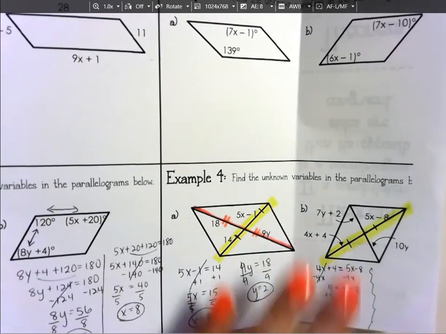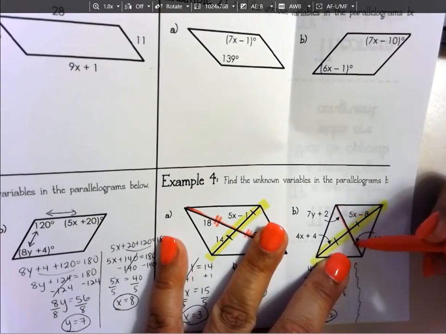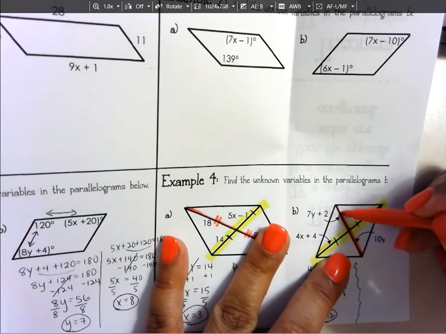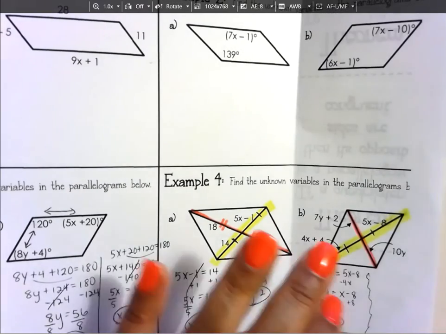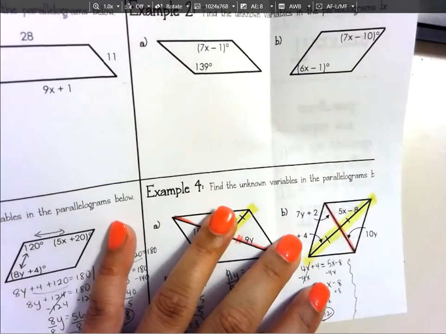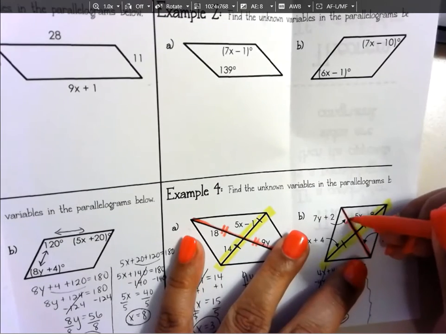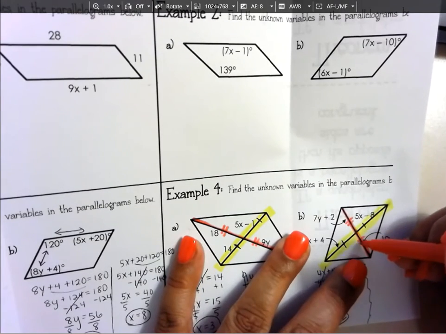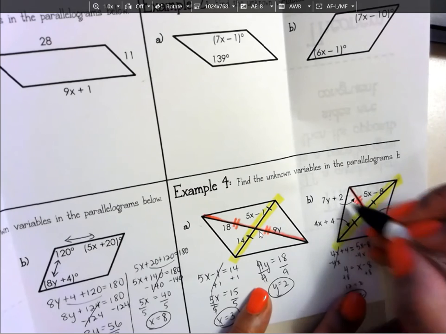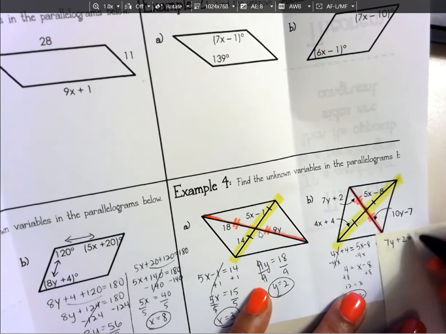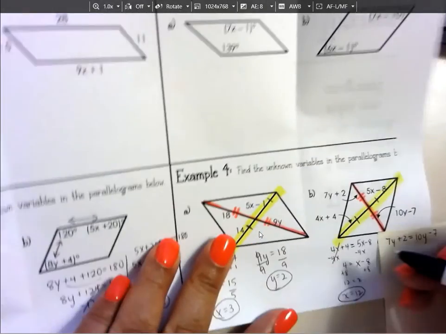Let's do the other diagonal. Oops, sorry. This piece is congruent to this. So to solve it, you would say 7y plus 2 equals 10y minus 7. Okay.